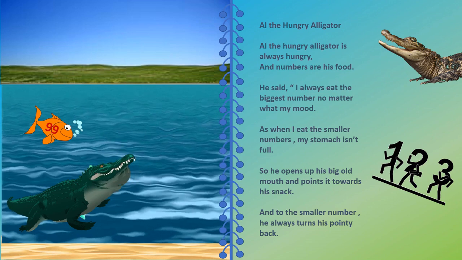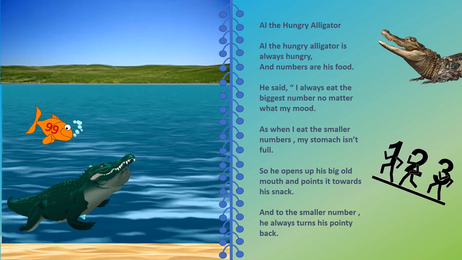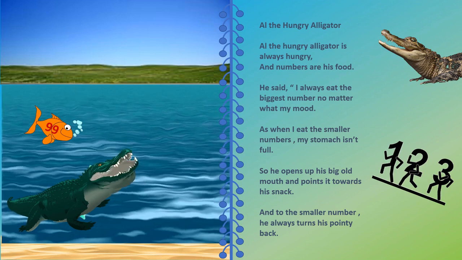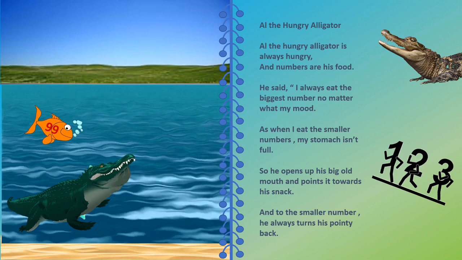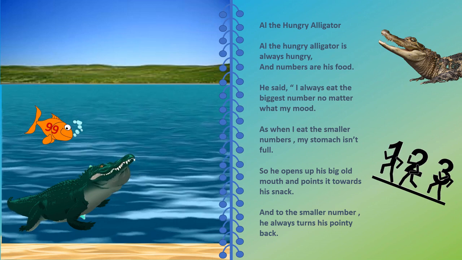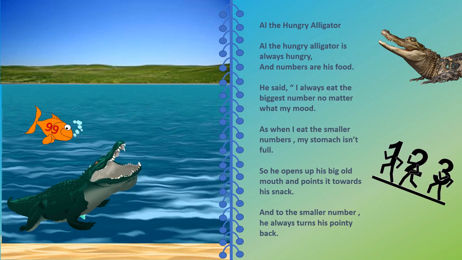So today, while comparing numbers, let's remember Al the hungry alligator. Always open the big mouth towards the biggest number and turn his back towards the smallest number. So let's get started with our sums.